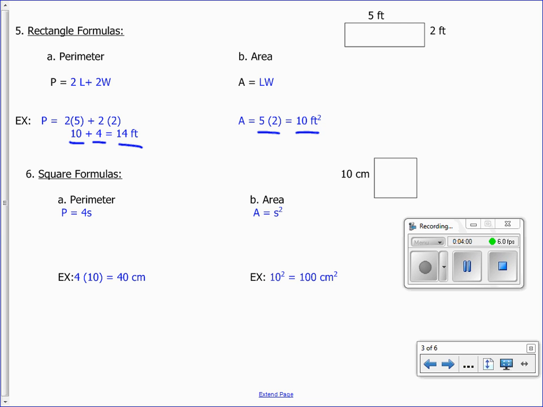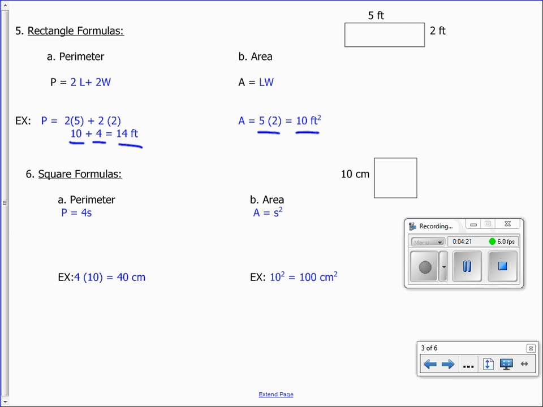If you have a square and you need to find the perimeter of it, a square is defined as each side being equal. So if one side is 10 centimeters, they all are 10 centimeters. So the formula for a square would be P for perimeter is equal to 4S, or 4 times the side.